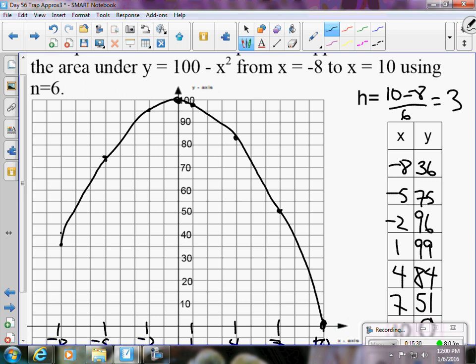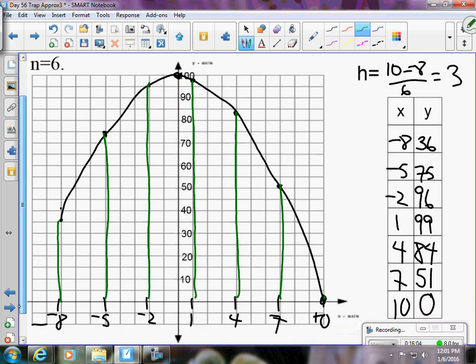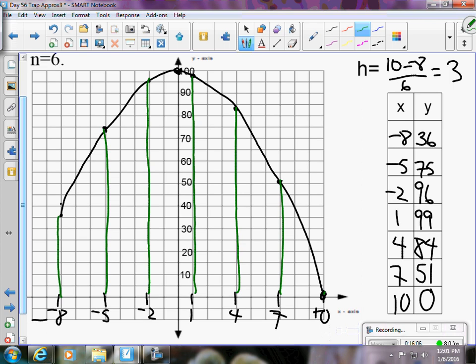And again, you don't really need to see the graph, but I just want to draw in the bases. With the trapezoids, they're really fun to draw because for each of these key x values, you just draw a vertical line up to the graph. I'll show you how you make the tops in a second. Wow, it's a really lumpy looking parabola.